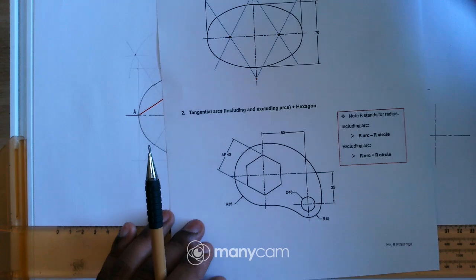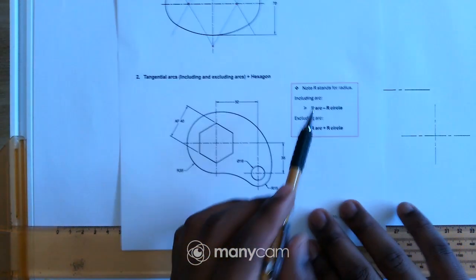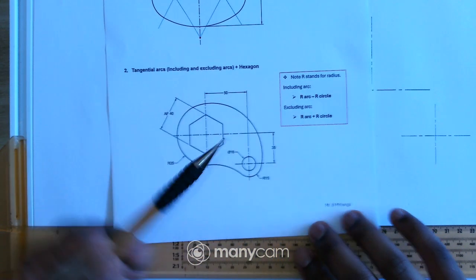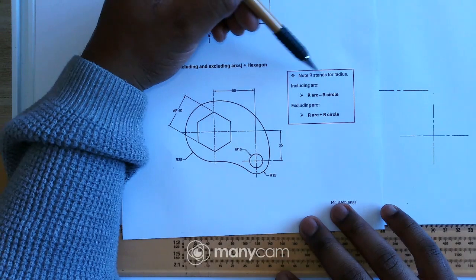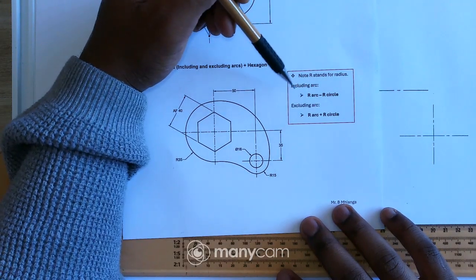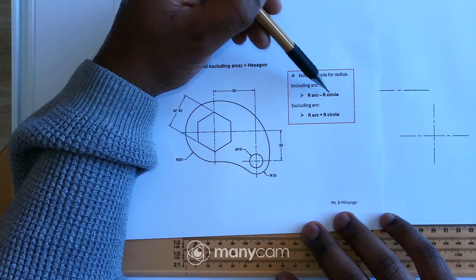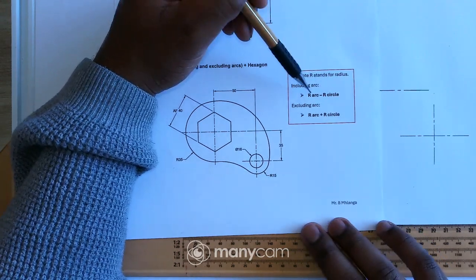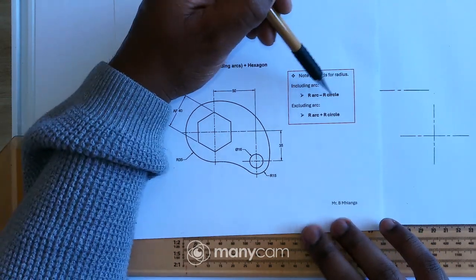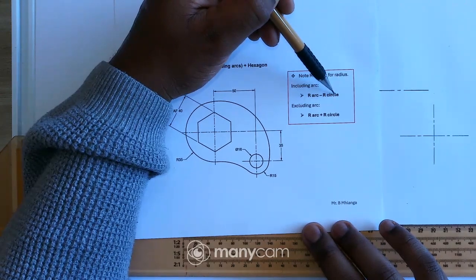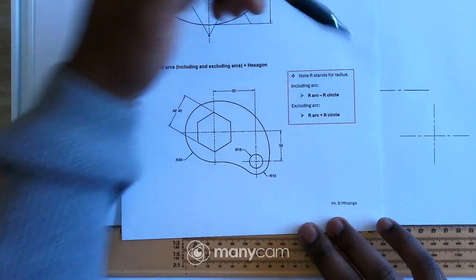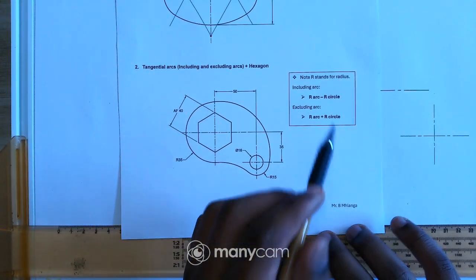So before I start drawing this figure, I just want to go through this section here. So they are saying note R stands for radius. So for the including arc, that means we'll have to subtract the 2 radii, the radius for the arc with the radius of the circle that is in contact with the arc, right?